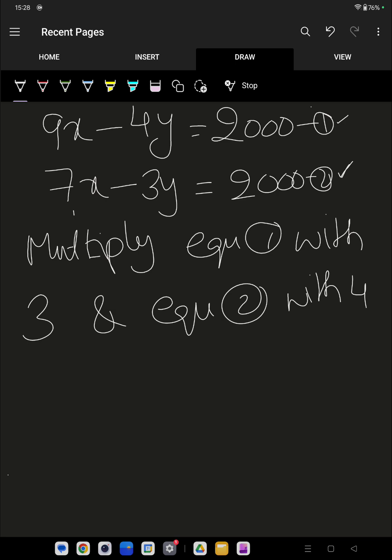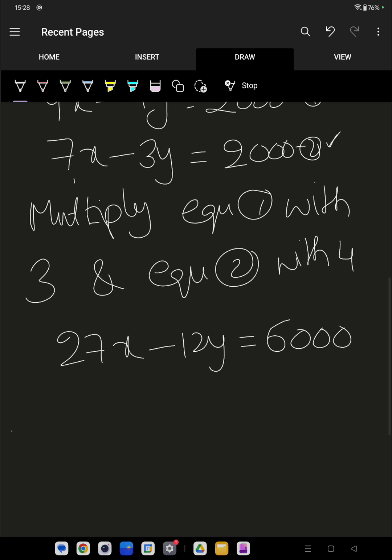Equation 1 we multiply with 3: 3 nines are 27x minus 3 fours are 12y is equal to 3 twos are 6000. And equation 2 with 4: 7 fours are 28x minus 3 fours are 12y is equal to 4 twos are 8000.